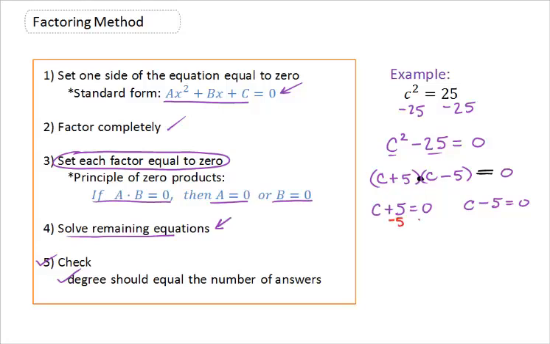On the left, I'm going to subtract 5 from both sides to cancel those out. On the right, I'm going to add 5 to cancel those out. So that gives me the answer that c is equal to negative 5 or positive 5. If it wants the solution set, then you just put those answers into braces. So that is the factoring method.